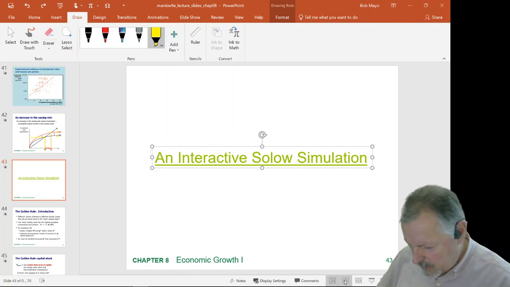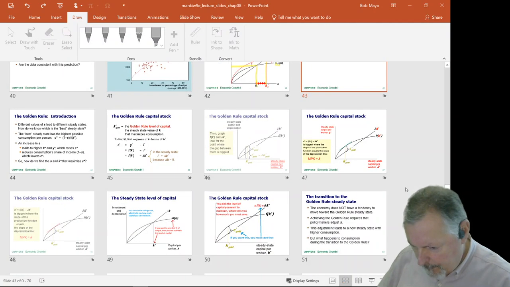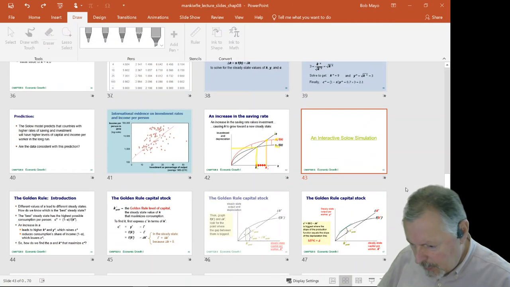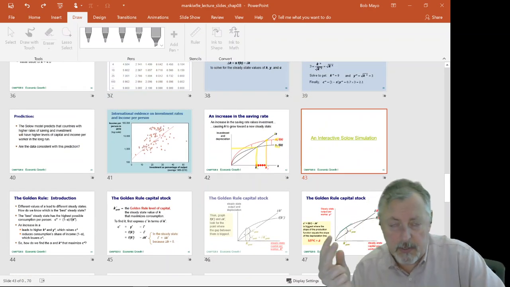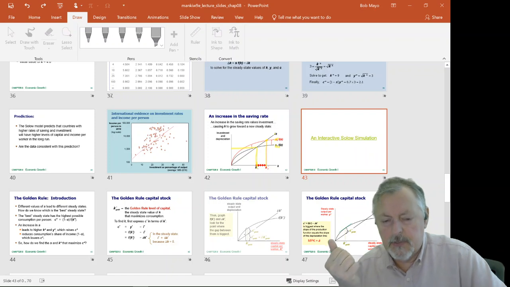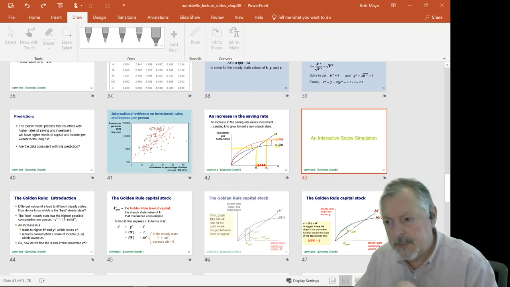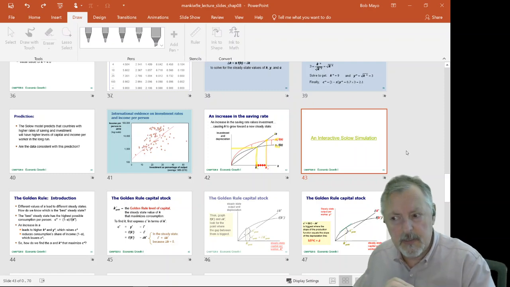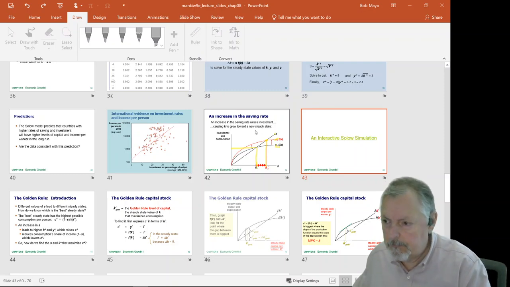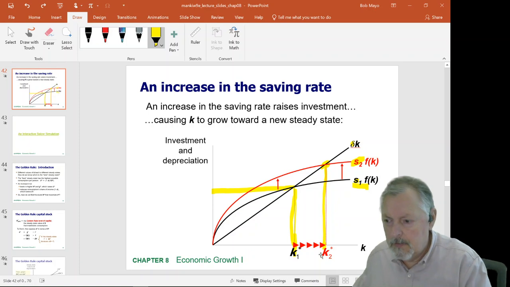Okay, let's see what else I want to show you here. All right, the golden rule. There are two equilibria here. One is the steady state. The steady state is where the amount of capital you're accumulating and losing is the same. Given savings rate S1 in this economy, it's K1.